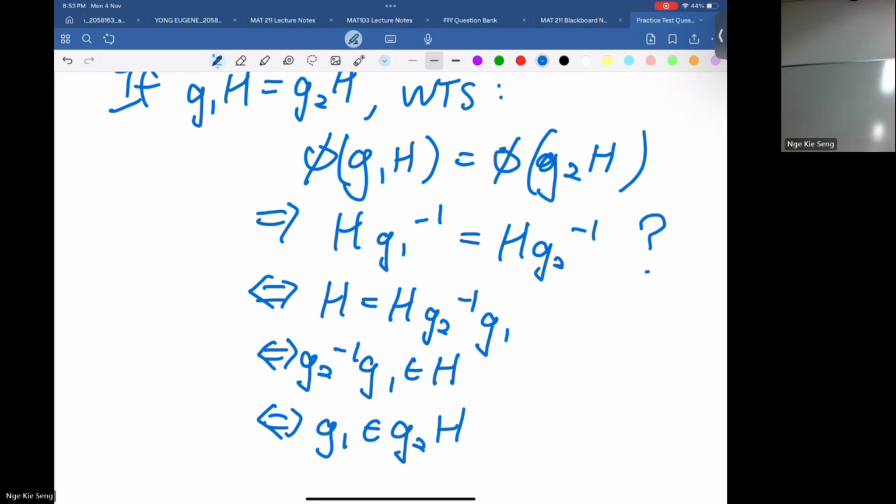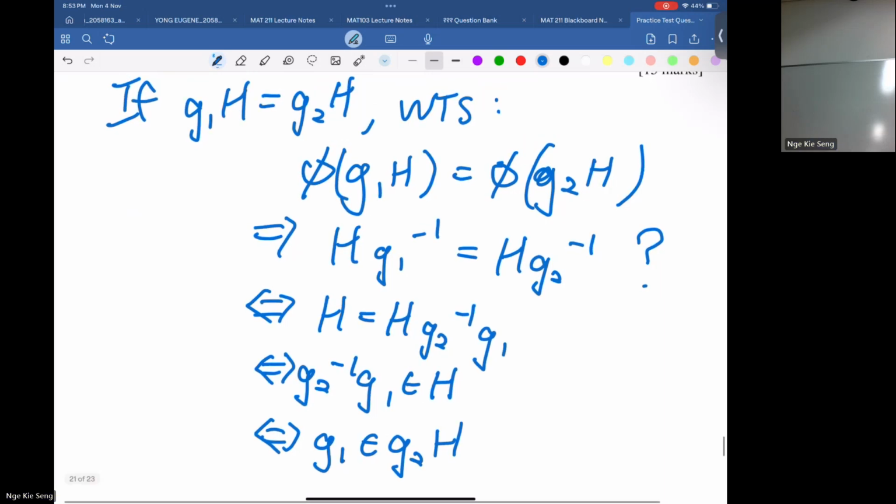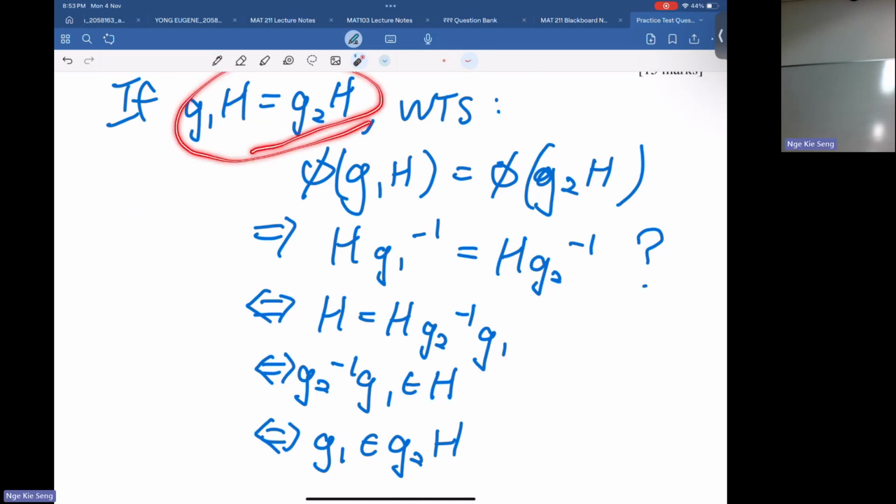Do you have this true? Is G1 in the left coset? Why? The TFAE on the left coset. Because you can see that if I apply G1 to the identity, you can write it as G2 times some h.